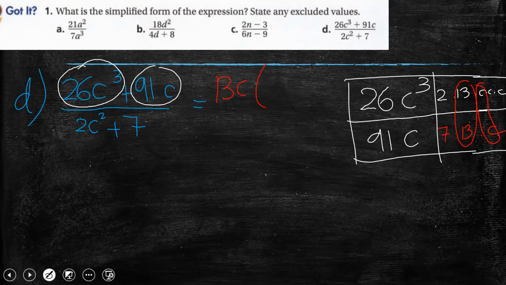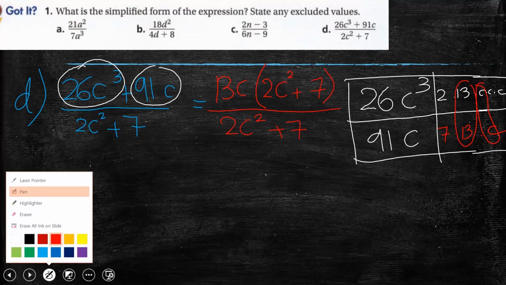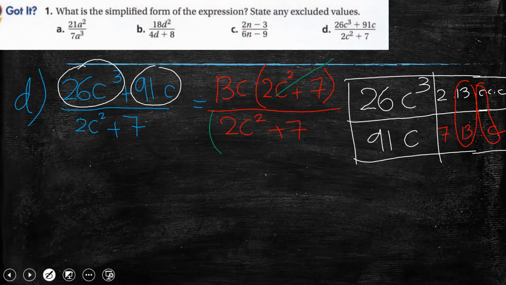When I remove 13c, what is left? 2c squared plus 7, over 2c squared plus 7. Then after they cancel each other, I have 13c. Okay, teacher, it's the same as my answer. Bravo.